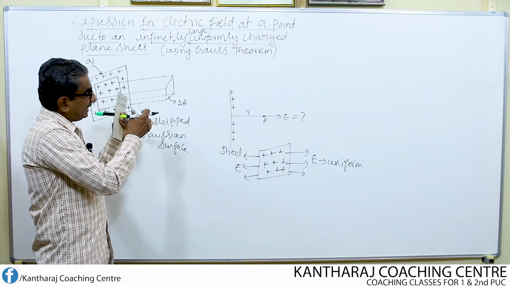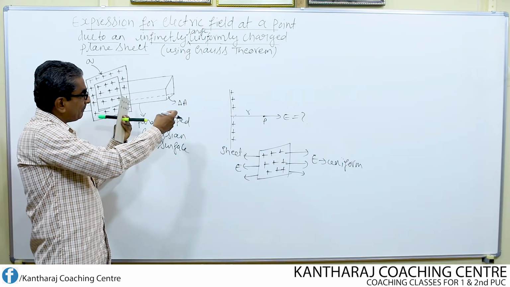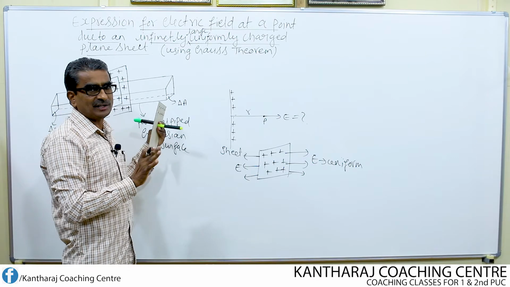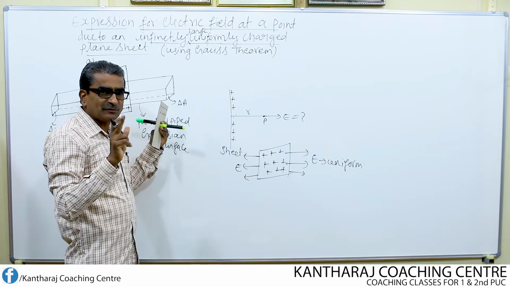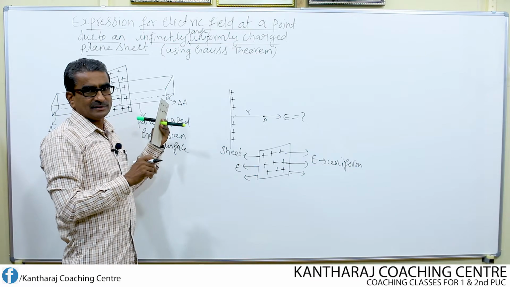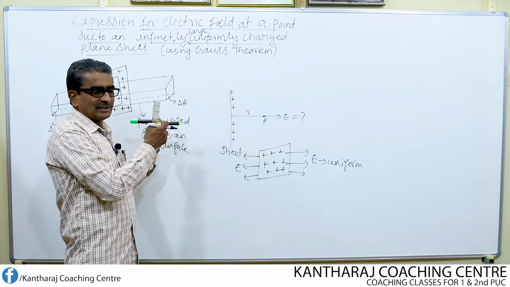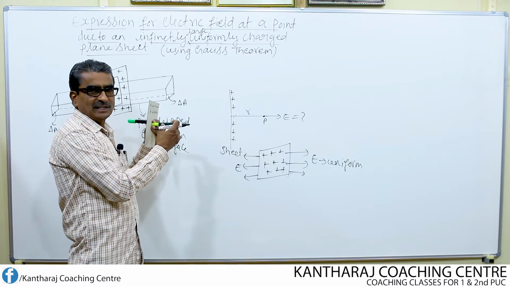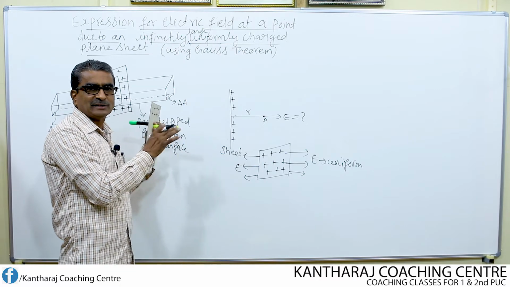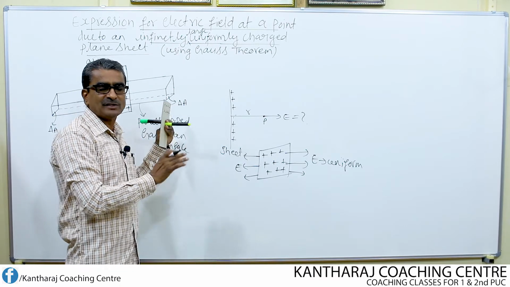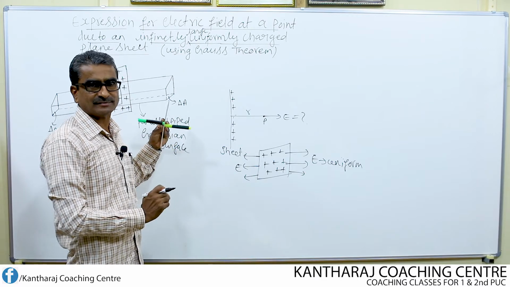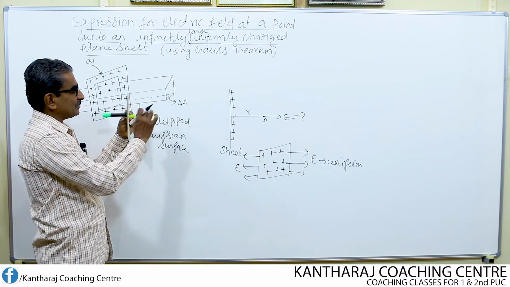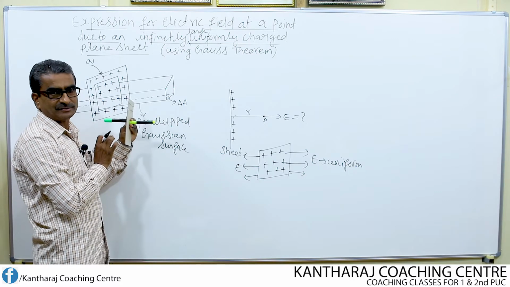But I imagine this Gaussian surface to be passing through this sheet. That means no need to cut the sheet, because the Gaussian surface itself is imaginary. So, don't feel like we have to cut the sheet and insert one more structure like this. Of course, it is one rectangular shaped structure, but it is only an imaginary figure which serves as a Gaussian surface. So, I imagine the Gaussian surface to be passing through this sheet.